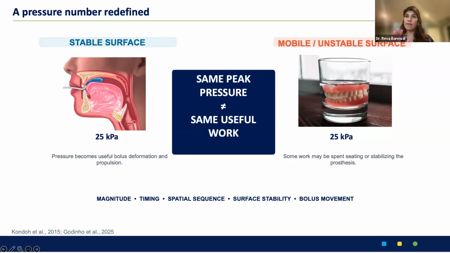So just imagine that edentulous arch that I showed you that was severely resorbed, and you've got a denture in there and it's a floater, right? It's not stable. That person is using tongue pressure, the same 25 kilopascals as an example. Is that equivalent mechanically to 25 kilopascals with someone who's dentate, right?